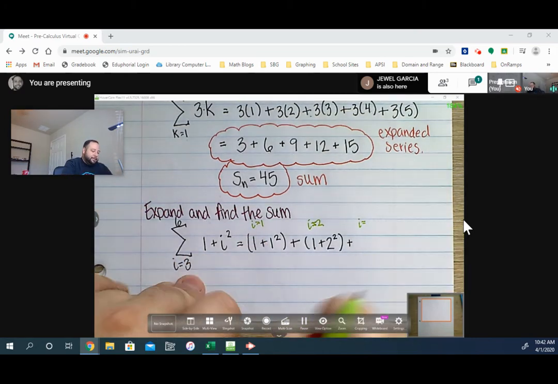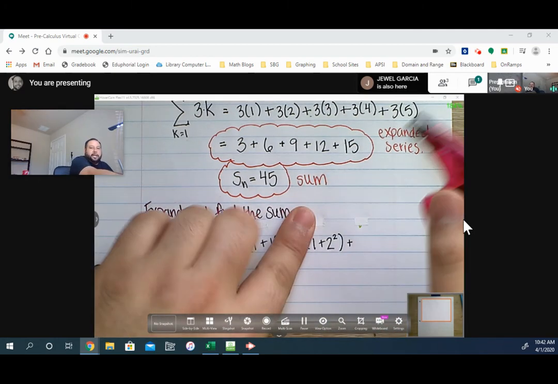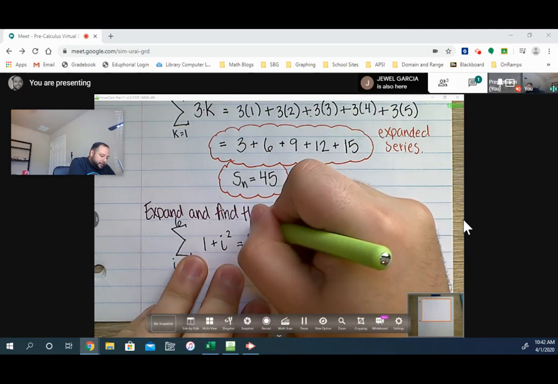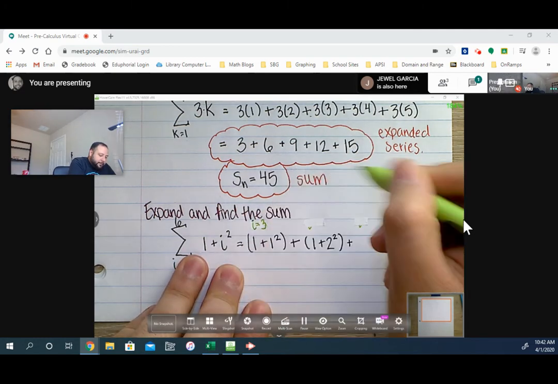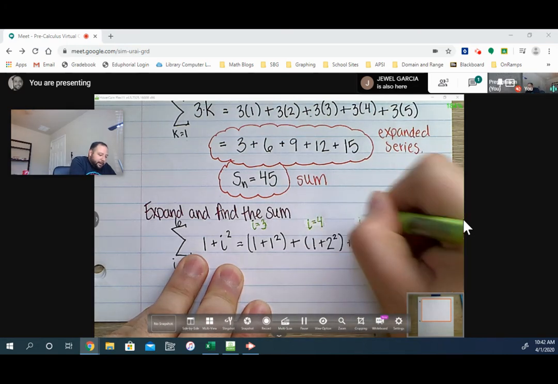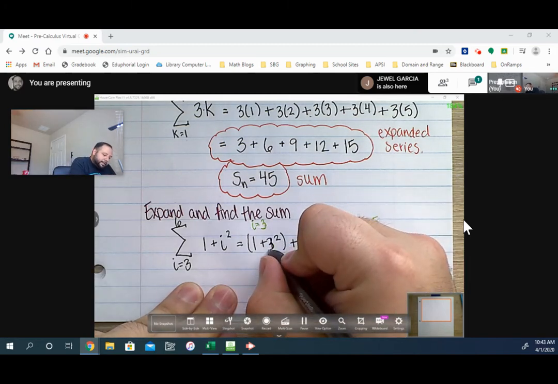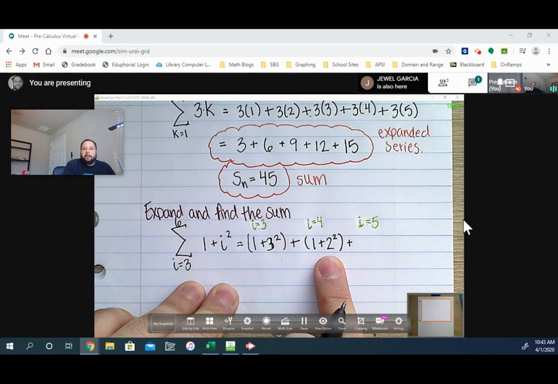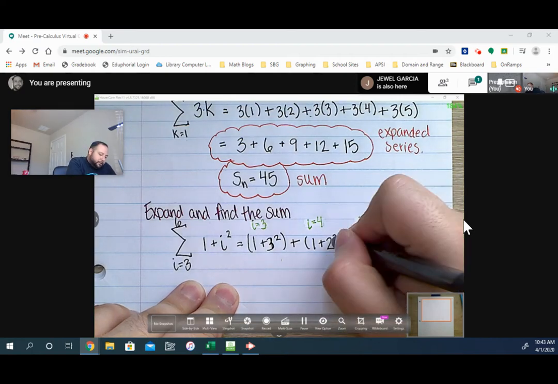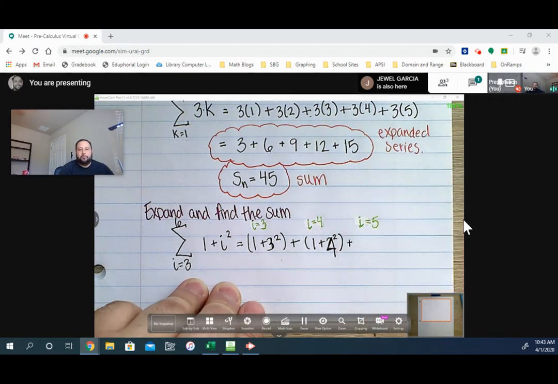So let me use my whiteout here. I'm glad I have everything all set up. Let me change that. This is actually supposed to be i equals 3, this is i equals 4, and then this will be i equals 5. So this 1 right here has to be a 3, and this right here has to be a 4.